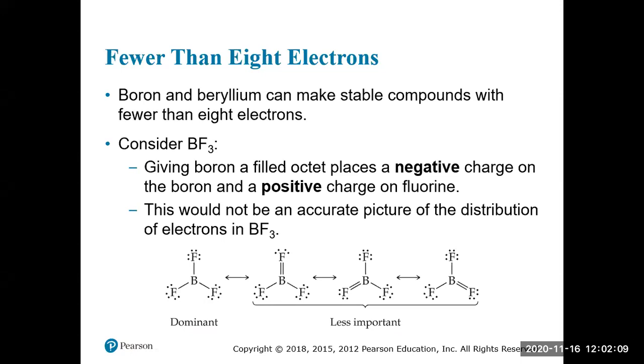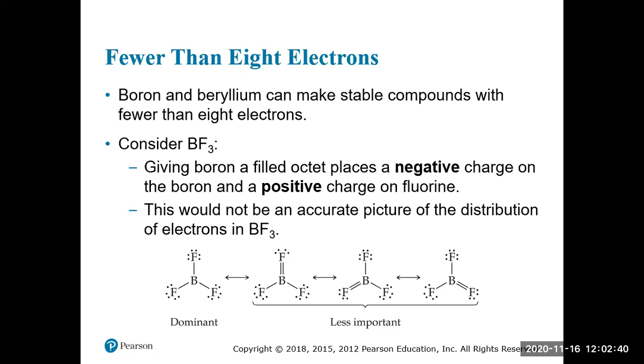So in that case, you might think that that's the better structure because we've satisfied the octet for the boron and we've satisfied the octet for the fluorine. The problem with it is if we look at the charges placed, giving that boron an octet gives you a negative charge on the boron and a positive charge on the fluorine.